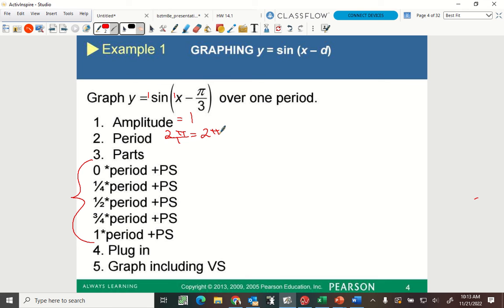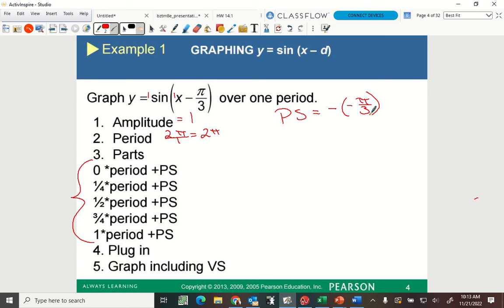To get the phase shift, it's going to be equal to negative whatever this is, the opposite of what we have right there.